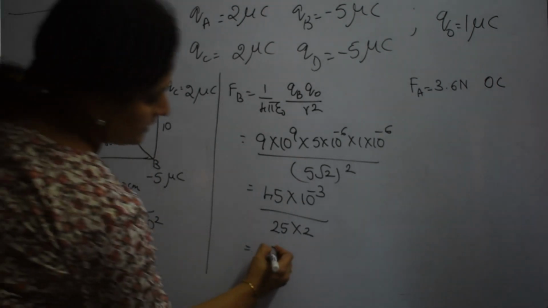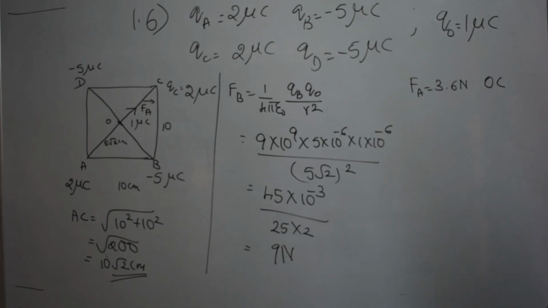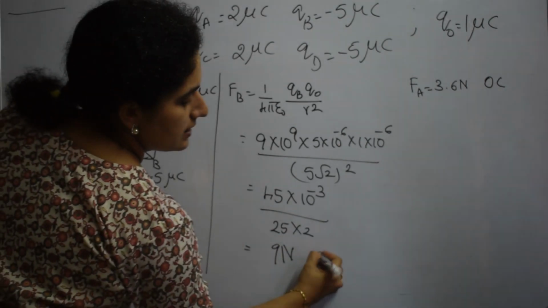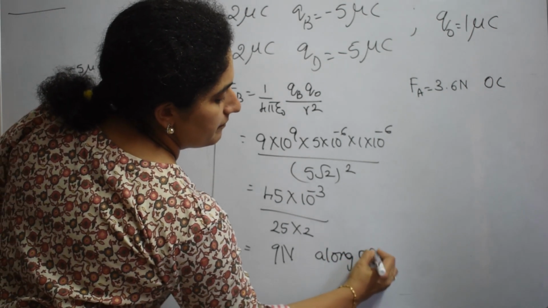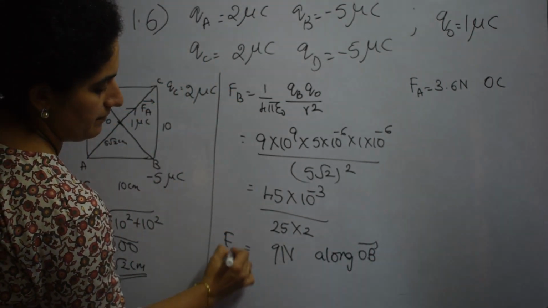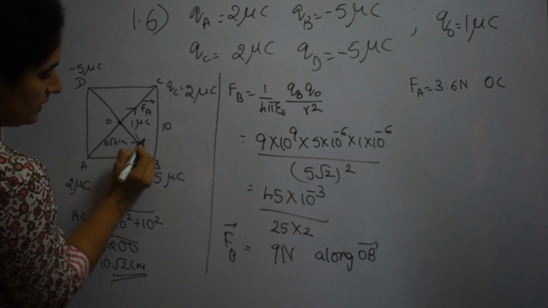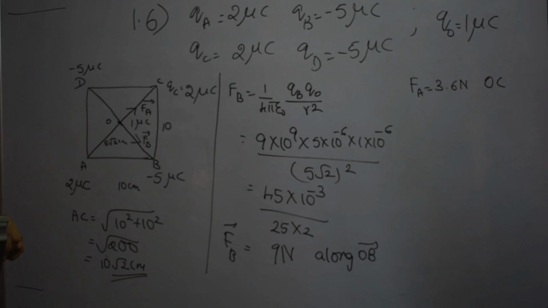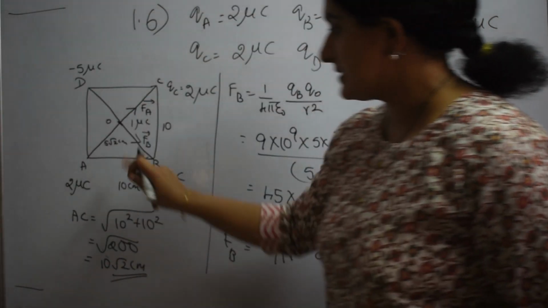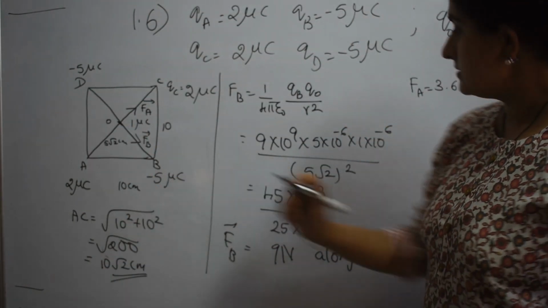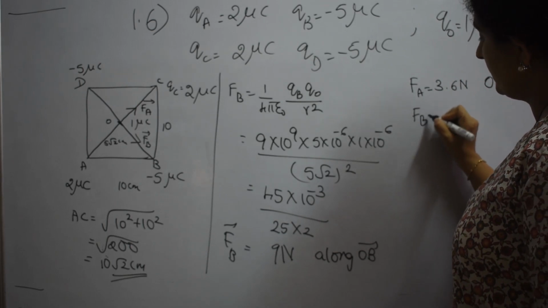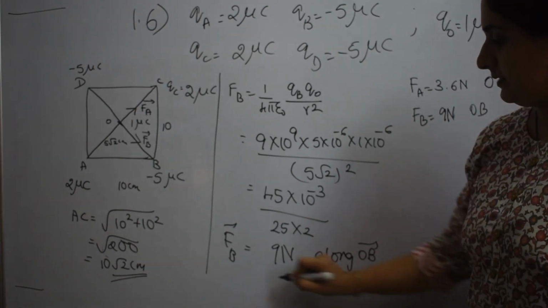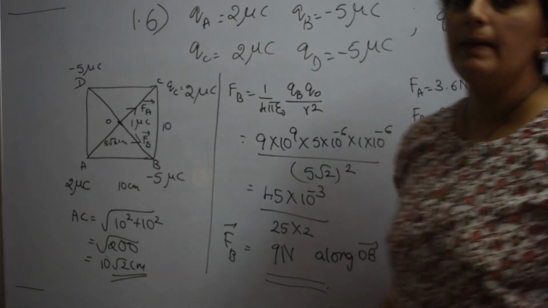So this comes around 9 Newton. This is minus and positive, so it is attractive in nature. It is along OB. So here you have FB vector. Please keep in mind, this is the direction. This is minus sign, so that is why we will write FB as 9 Newton along OB. Important numerical.